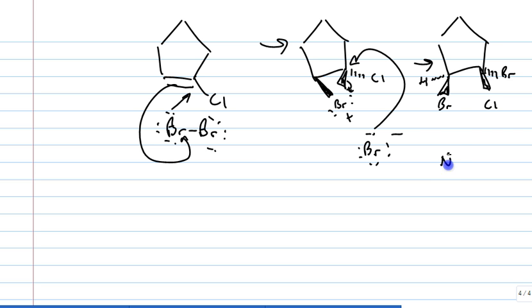So the NaNH2 can come in, take that hydrogen off, as this bond flips to a double bond, as this leaves. And we're done. Okay.